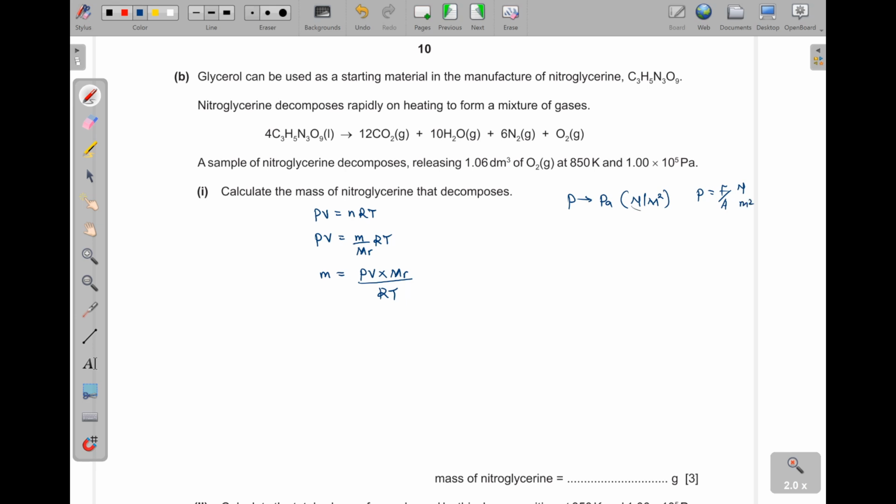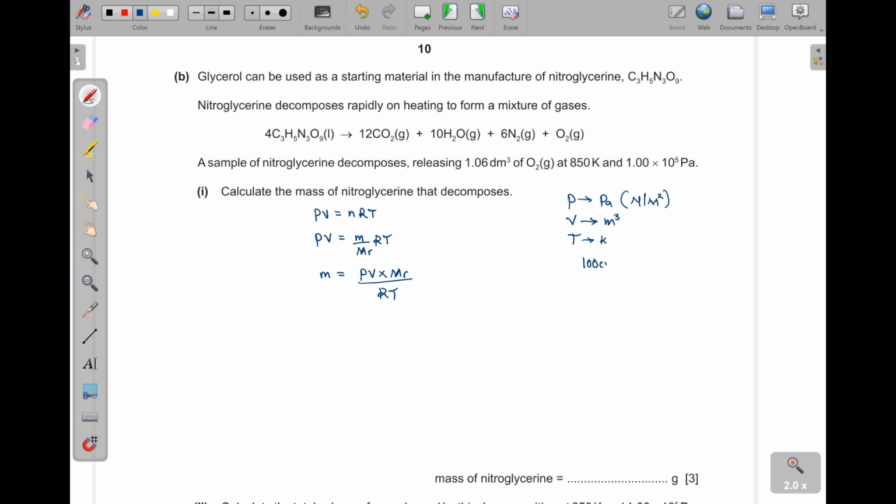So that's why we are saying Newton per meter squared. Then, volume must be in meters cubed, and the temperature has to be in kelvins. Now, what we are given here is the volume in decimeters cubed. We need to do that conversion here.